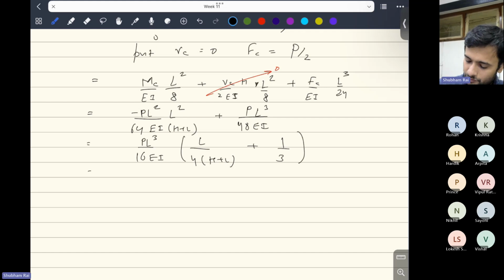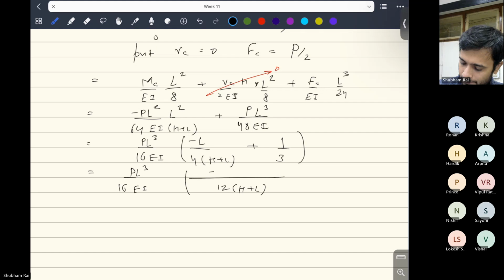Right. So finally, if you solve this, I think this will be minus. You'll get PL cubed over 16 EI, and we take the LCM, so you'll get 12 into H plus L. And finally, you're getting here minus 3L, right? Plus you'll get 4 times H plus L.